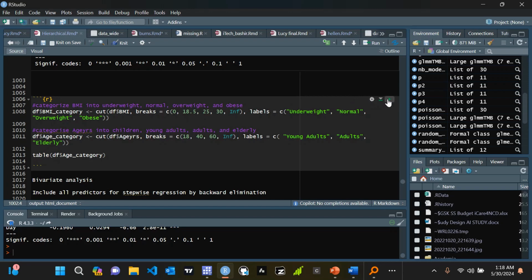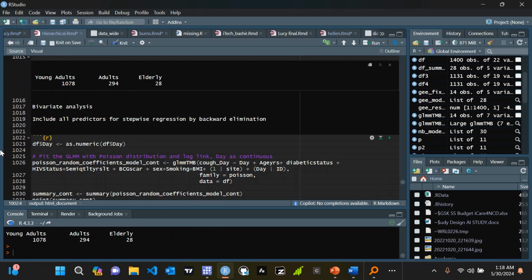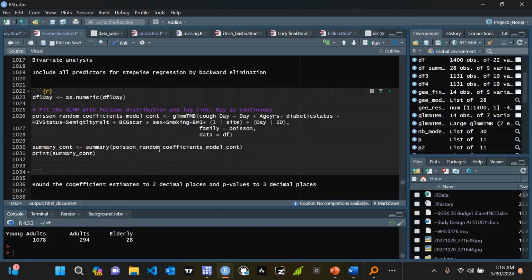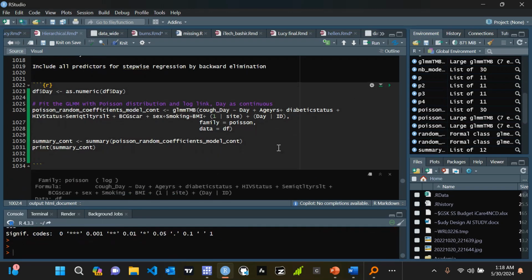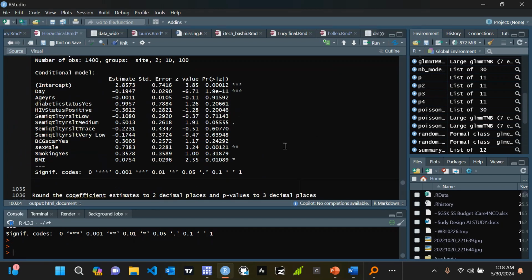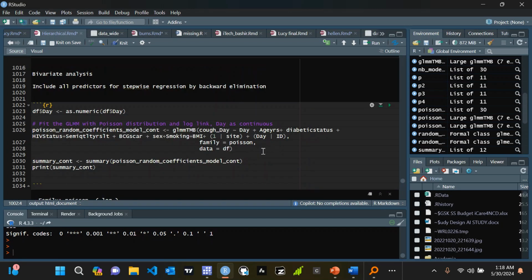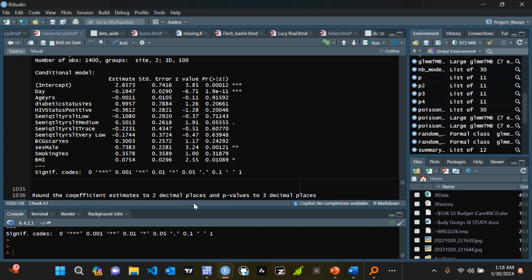Now, these are just variables categorizing age. Now we have included all our other independent variables, all the predictors: age category, diabetes status, HIV, BCG scar, sex, and let's see how this works.